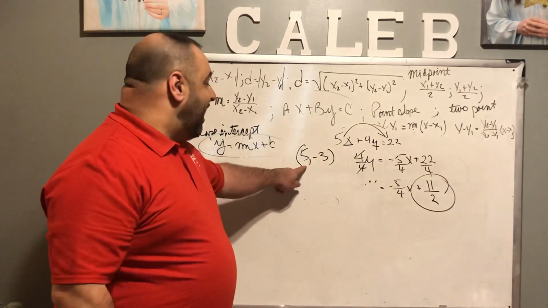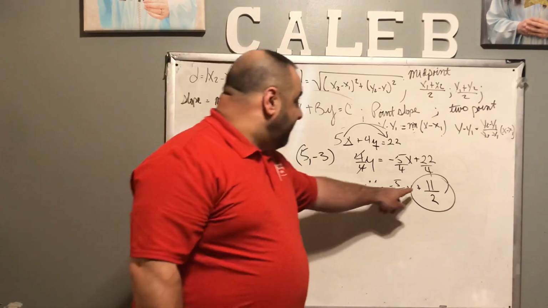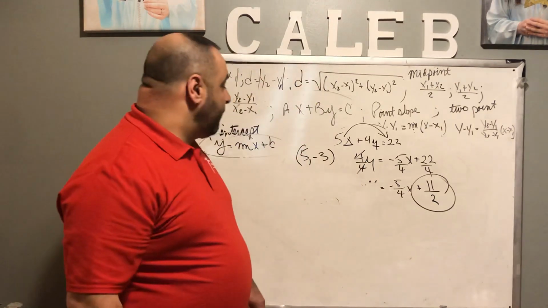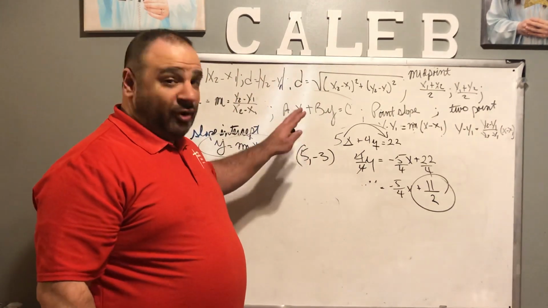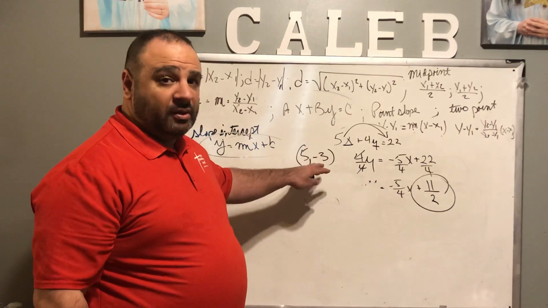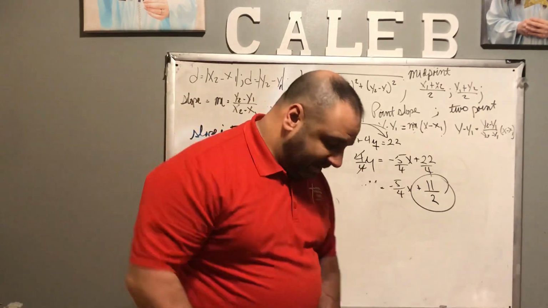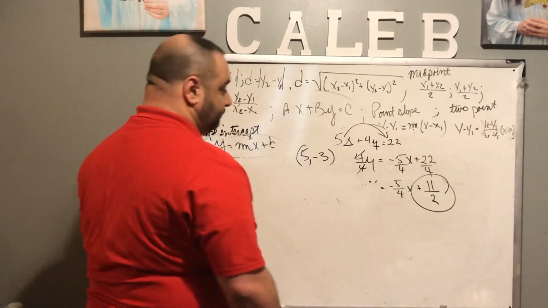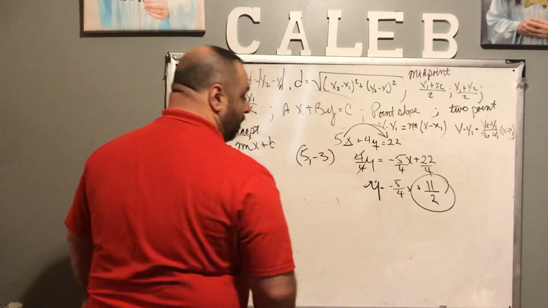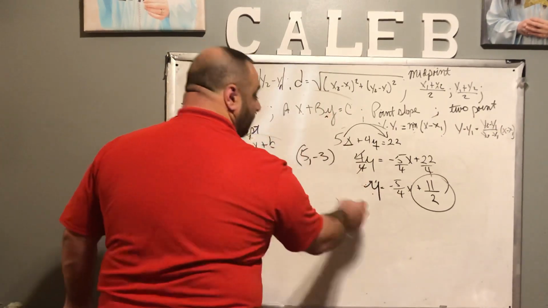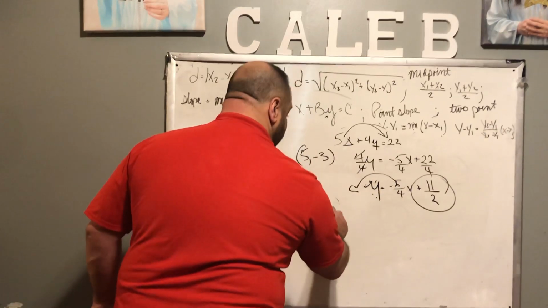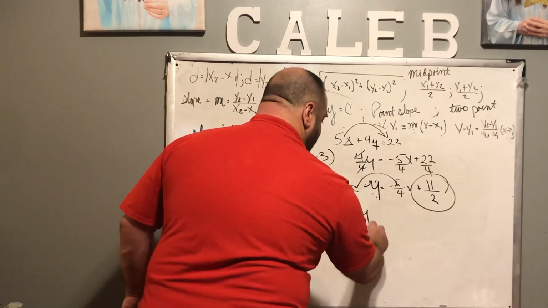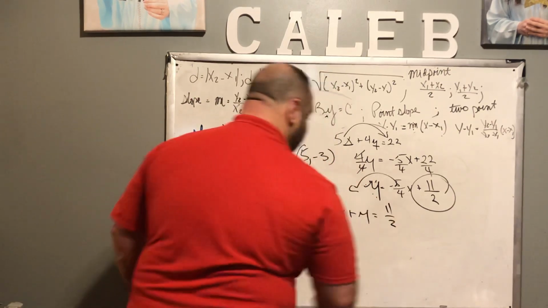So if I were to graph 5, -3 on my coordinate plane, and then graph this point here for 11 over 2, we would find that in order for these lines to be parallel, they would have to have the same exact slope. Let me show you real fast. I'm going to put this in this form: negative 5 over 4 x plus y equals 11 over 2.